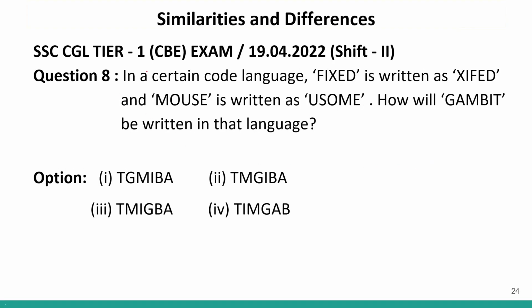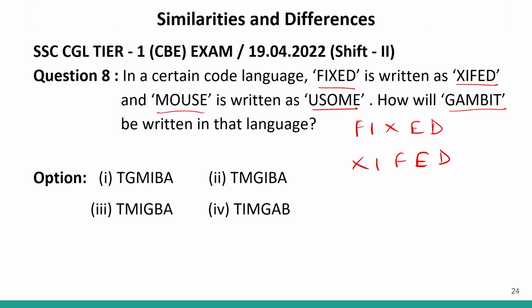Okay? Now, in a certain code, fixed is written as this, mouse is written as this, and we have to find out how gambit will be written in that language. So if I look here, fixed is written as XIFED.